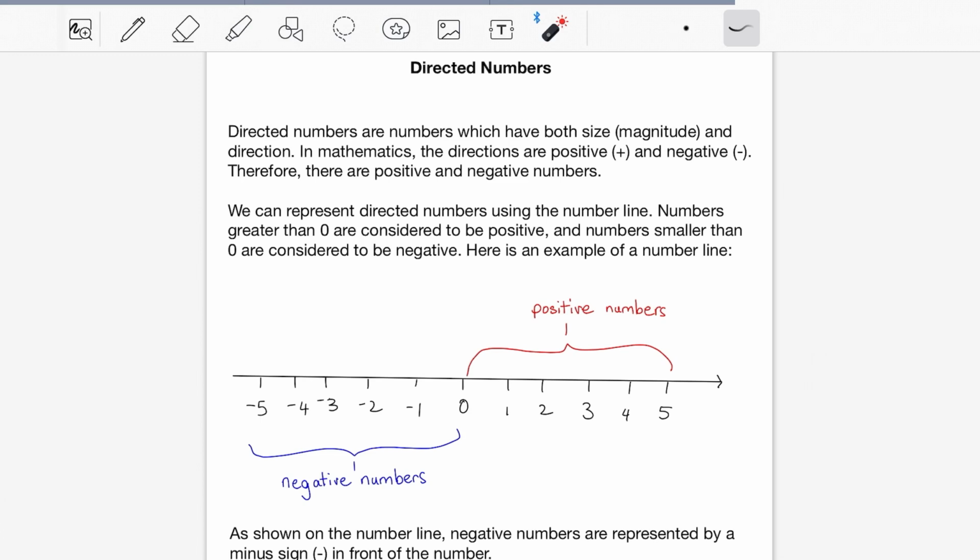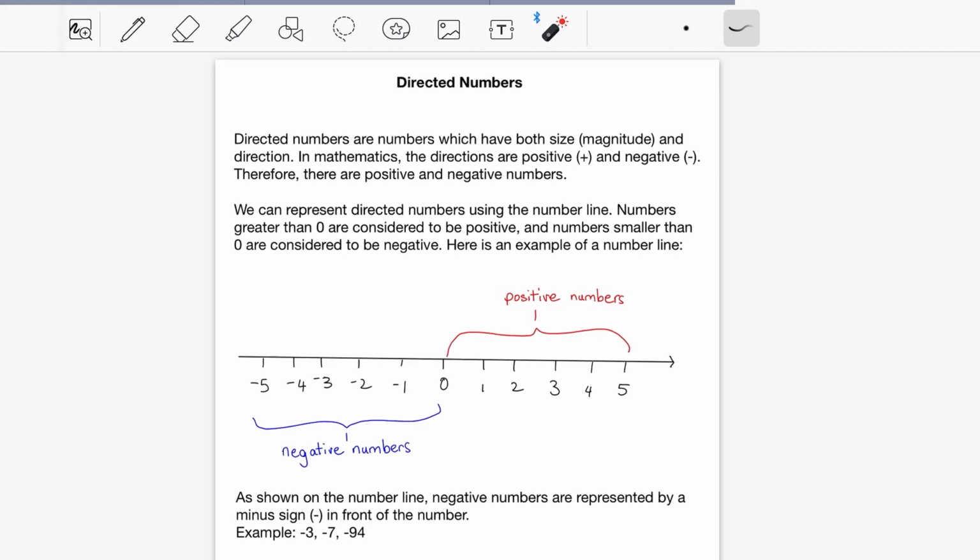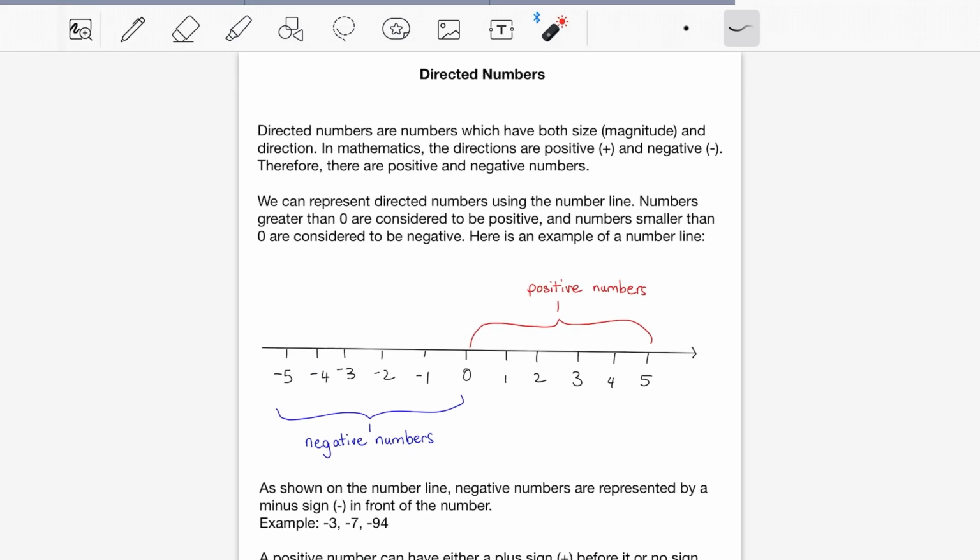So negative numbers would be numbers before 0 or below 0, so numbers that would be less than 0. We represent a negative number with a minus sign in front of the number, and here are some examples. -3, -7, -94. And you can see on your number line, -1, -2, -3, -4, and -5.